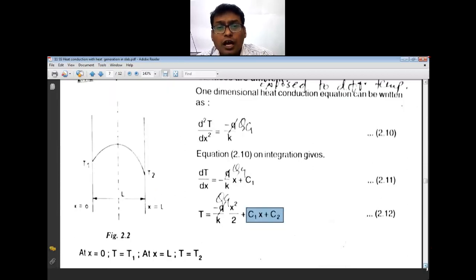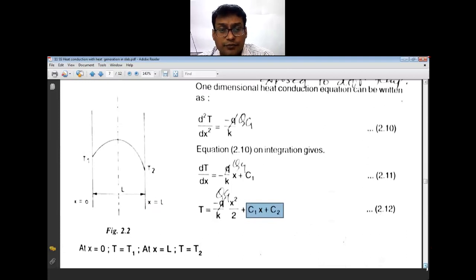Now here the boundary conditions are different. At x equals 0, T is equal to T1, and at x equal to L, T becomes equal to T2. So this is the difference in the boundary conditions that has been taken into account.